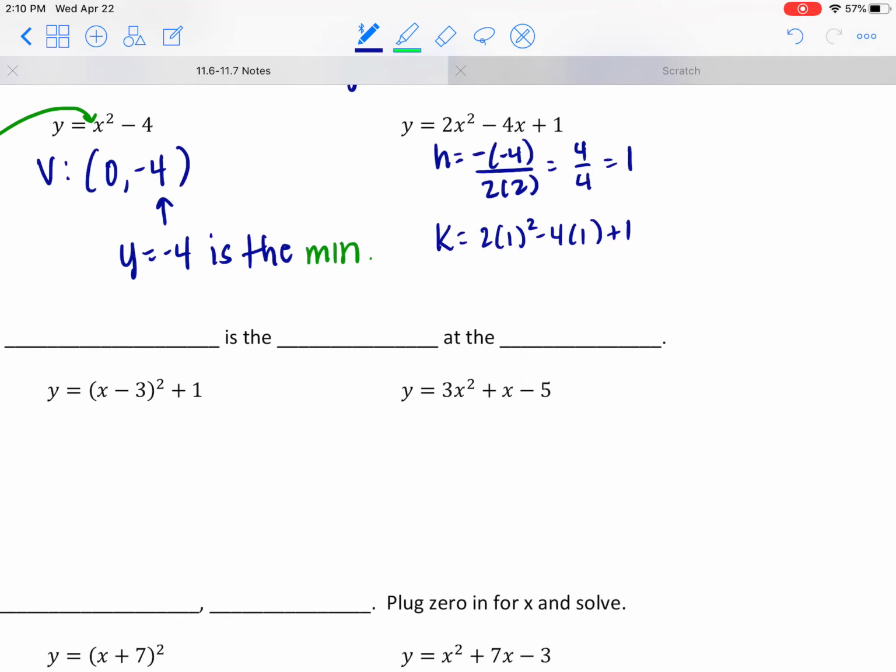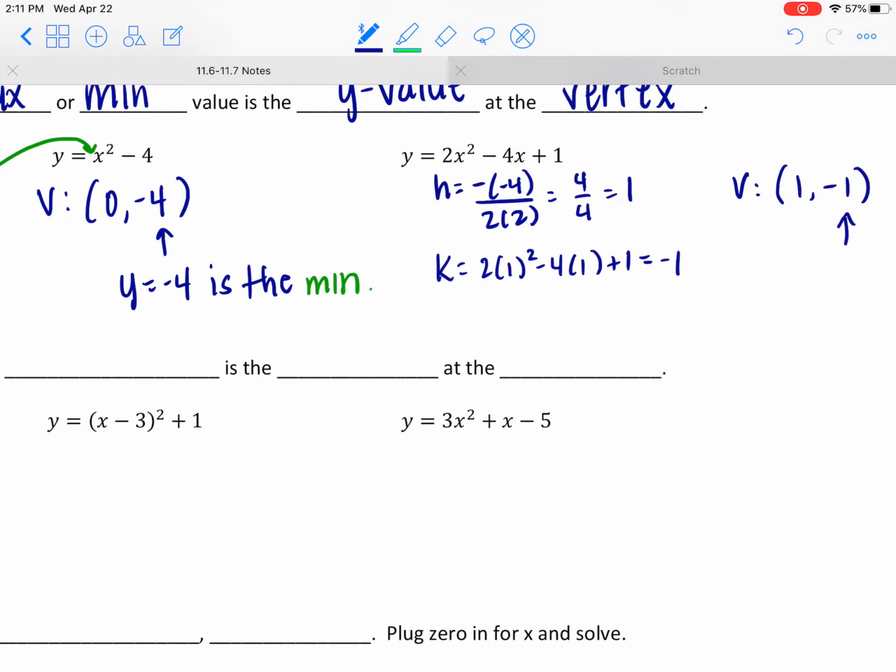Just use my calculator. So 2 times 1 squared minus 4 times 1 and then plus 1 is a negative 1. So now I have a vertex at 1 and negative 1. So this is my y value. So y equals negative 1 is the max or min.